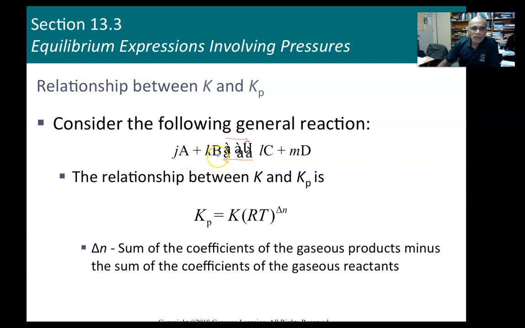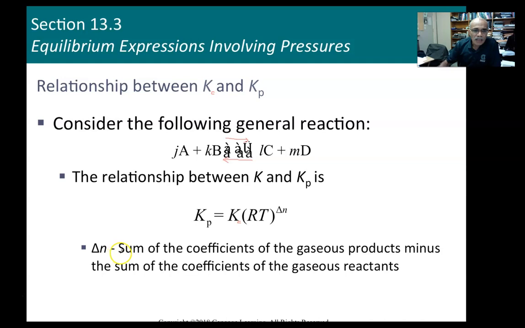So again, using this equation, a plus b giving you c and d with their coefficients, you can write the Kc and Kp expression as such. Kp is equal to K, which is Kc, right? So if I write Kc there, Kp is equal to Kc multiplied by the gas constant times temperature term raised to the delta n. Now, what is this delta n?